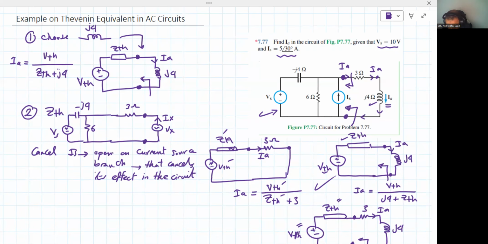Good. Now, how to cancel Vs, the voltage source? Again, we cancel the source by canceling its effect. That's a voltage source. How to cancel its effect? The function of the voltage source increases one of its terminals voltage over the other by the amount of the battery or the voltage source value.